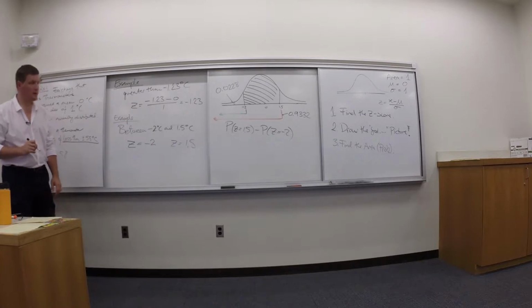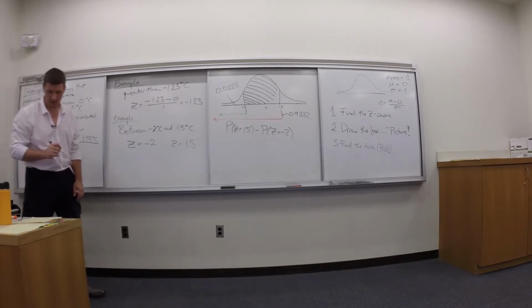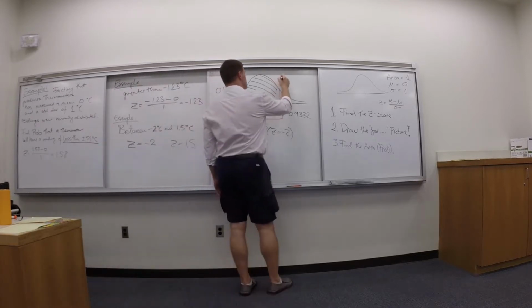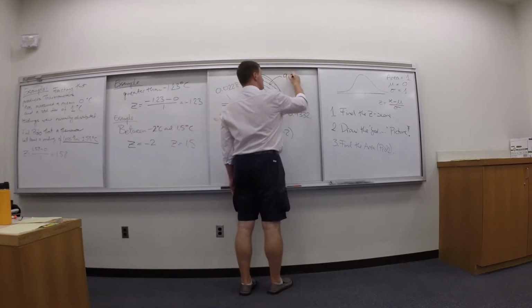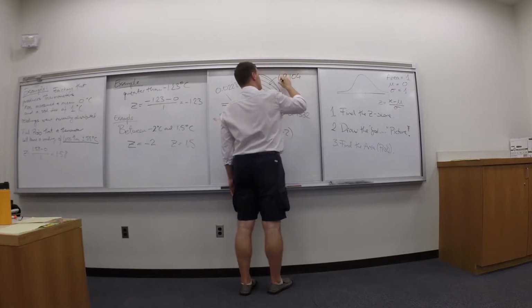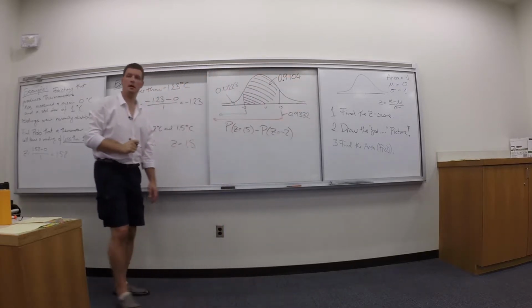So what's our probability? So this area right here, 0.9104, and that's your answer.